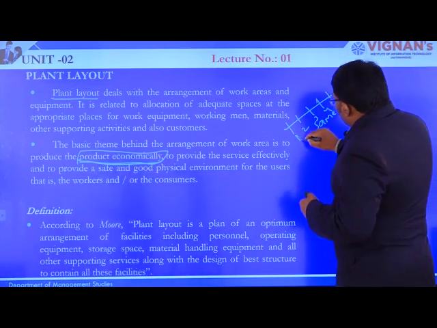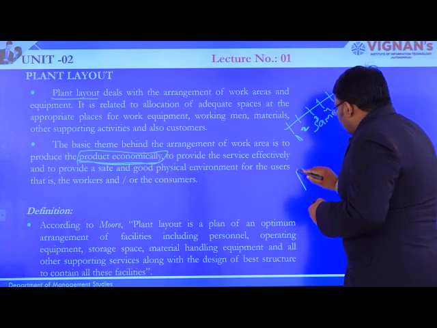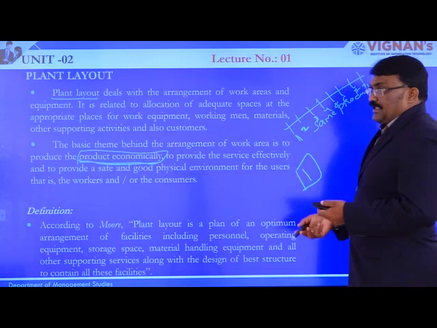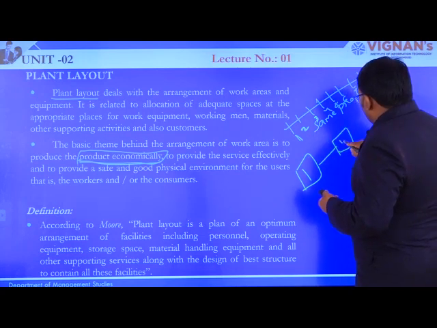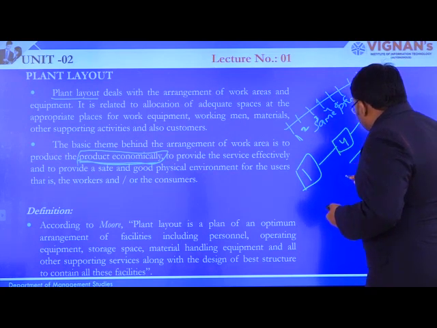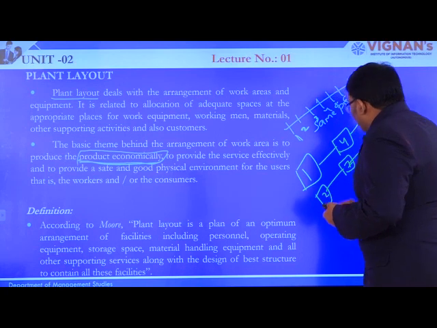Now, if I construct a different layout, where the first one is 1, then I go to the fourth, from the fourth I go to the sixth, again from the sixth I come to 7, and then I come back to 2, what will happen?